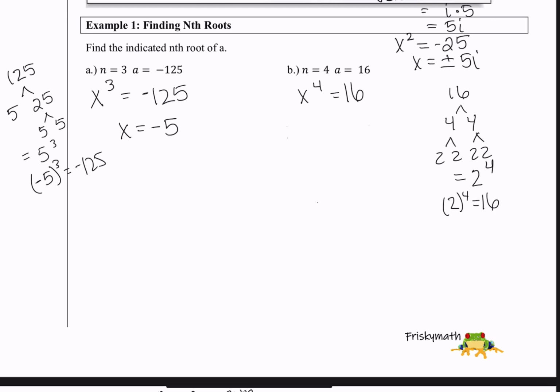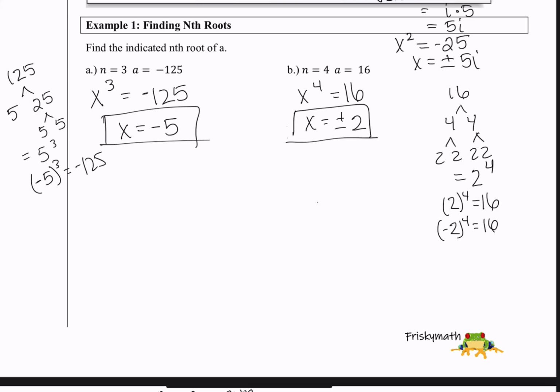Is there any other number that I can raise to the 4th power to get 16? And in fact, there is, -2. So we know that x can equal positive or -2. So if you have an even root, you can potentially have 2 answers. If you have an odd root, you're just going to end up with 1 answer.